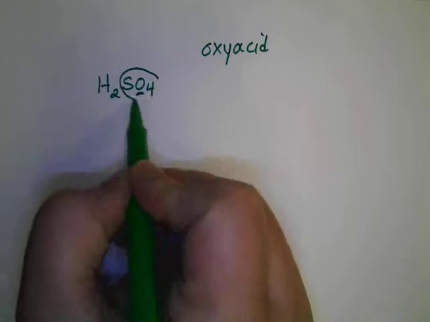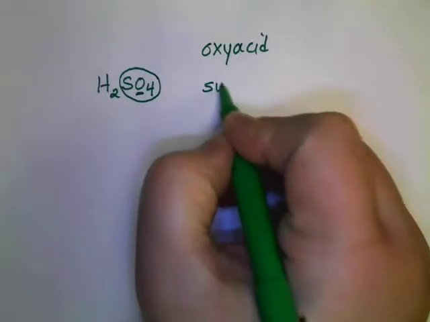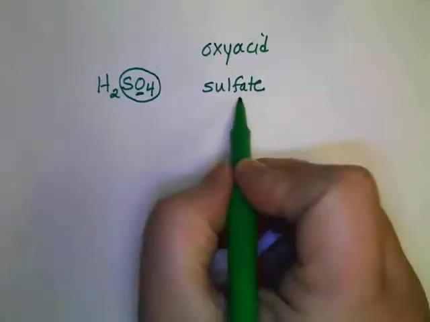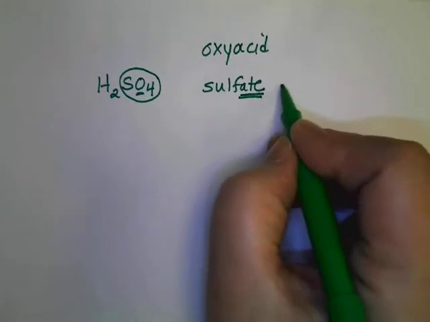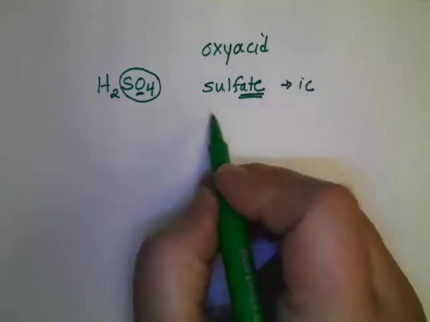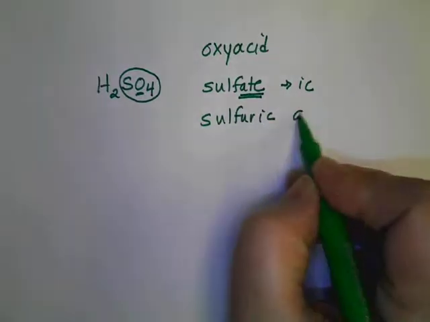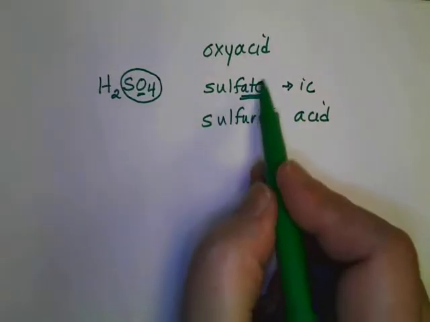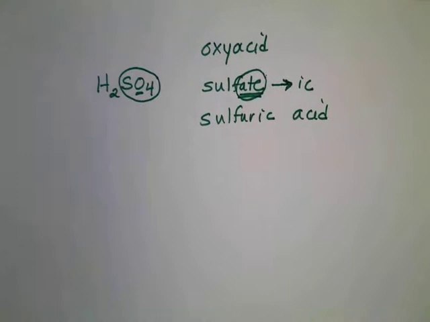So right away I see this polyatomic ion. I know its name is sulfate. So I've got to know the polyatomic ions. If your polyatomic ion's name ends in ate, its ending gets changed to ic. So this is sulfuric acid. The ate ending gets changed to ic, sulfuric acid.